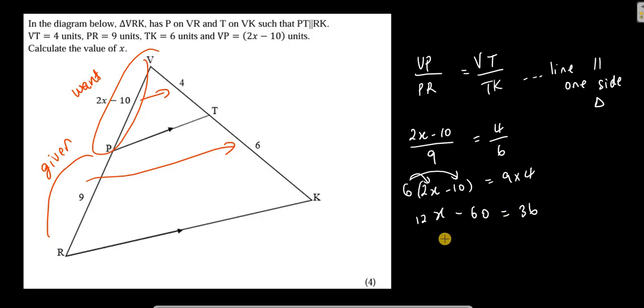Now if you take 60 to the other side, you have 12x being equal to 96. Then if you divide both sides by 12, x should be equal to 8. I hope it's correct.